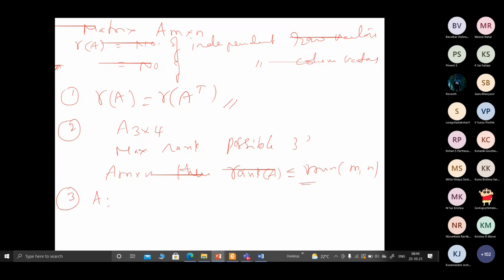I give one example before that. A is 3 by 4, the maximum rank possible is 3 only. What is your doubt? You tell me.